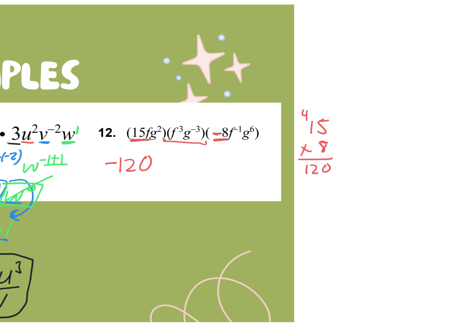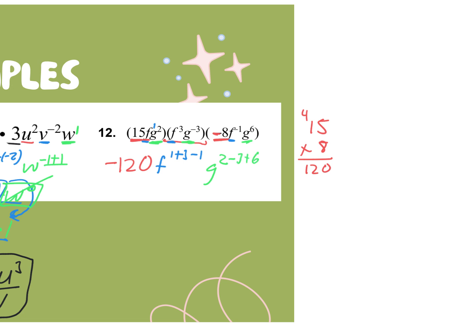So I have an f to the third, and an f to the negative 1. Again, if you don't see an exponent, assume it's 1. So it's going to be f to the 1 plus 3 minus 1. Now with g, I have a g to the second, g to the negative 3, and a g to the 6. So it's going to become a g to the 2 minus 3 plus 6.